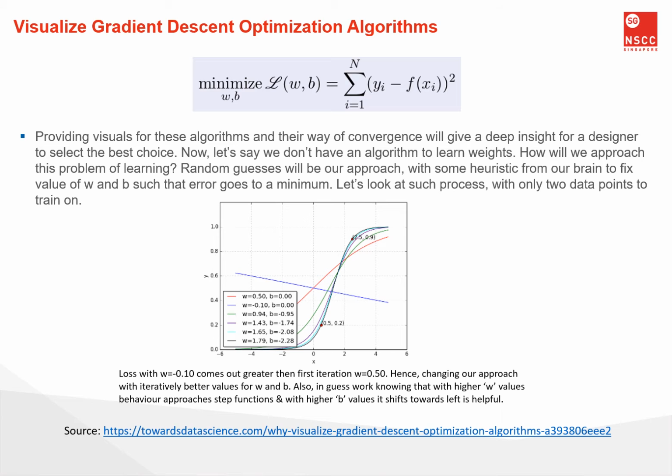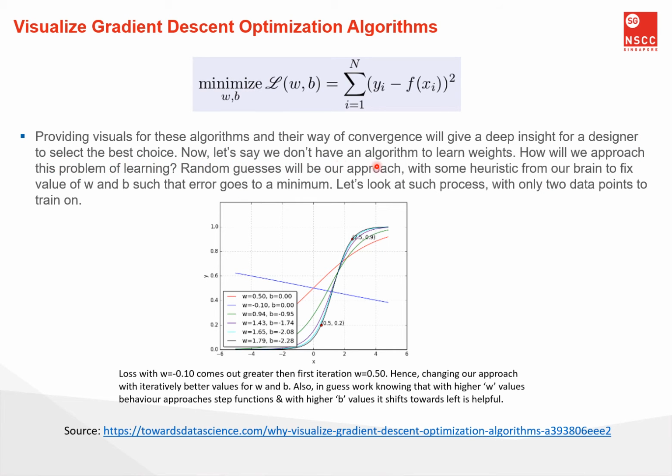This gives us a deep insight into the choice of the optimization algorithm and also the parameters we want to use for these algorithms, whether it be SGD or ADAM. So providing visuals for these types of algorithms and their way of convergence will provide a deep insight for the designer to select the best choice.